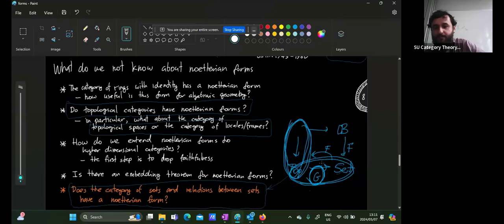You're saying having a Noetherian form on a category is a way of doing homological algebra on that category? Yeah. If you want to do it in a self-dual way, like you can in abelian categories, then that's the thing. Yeah. There are many other contexts indeed, right?